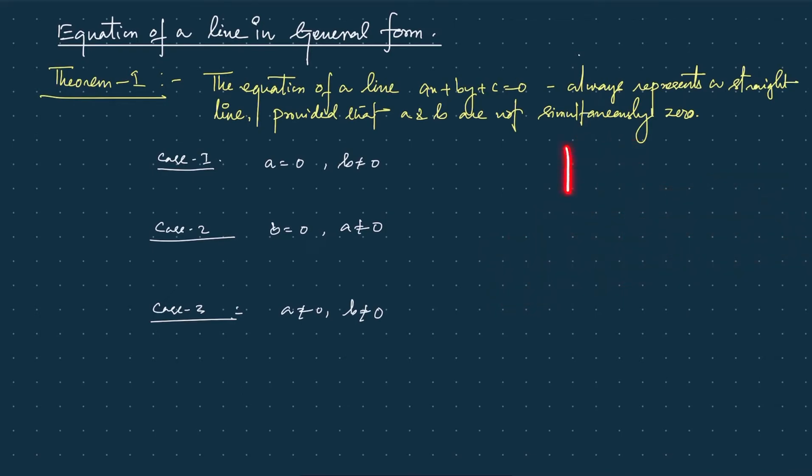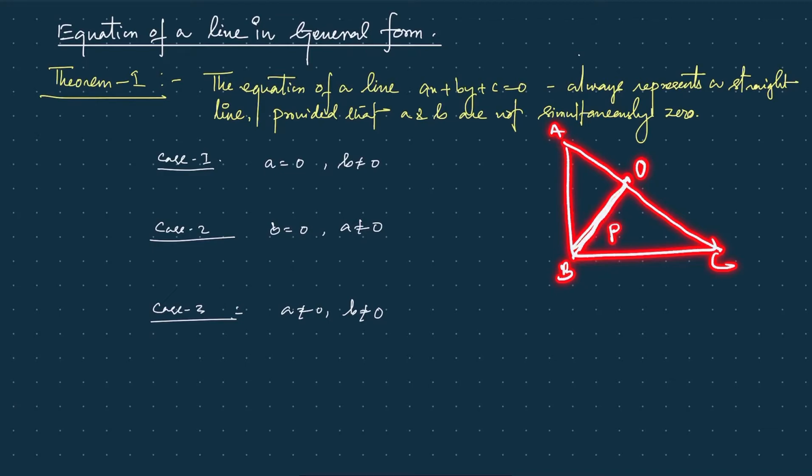Another thing we have discussed is the right angle triangle ABC. Suppose we have drawn a perpendicular from B to AC. Suppose this is O and this distance is given, and this normal makes an angle theta with respect to BC.